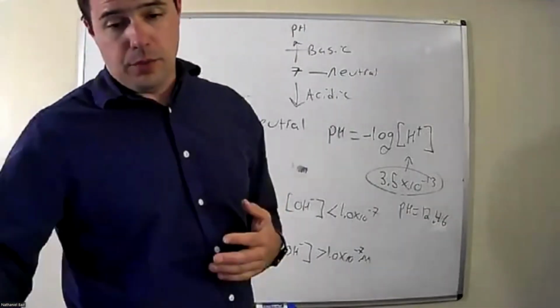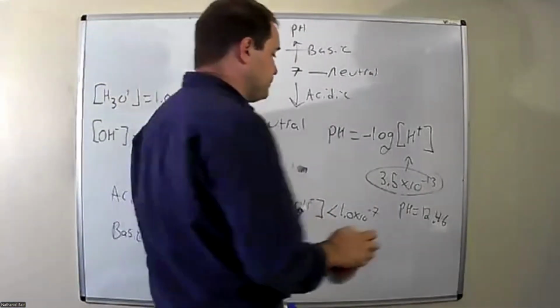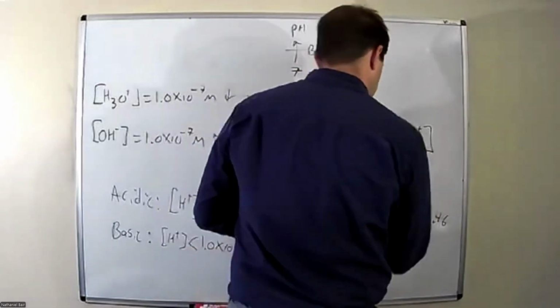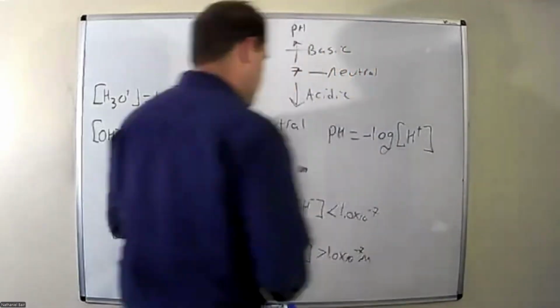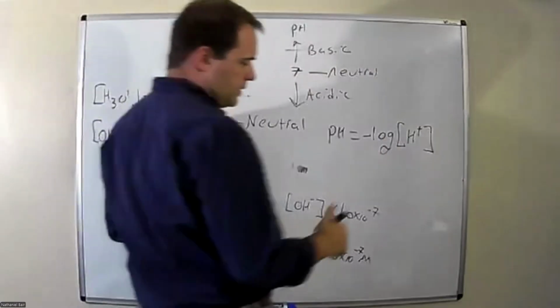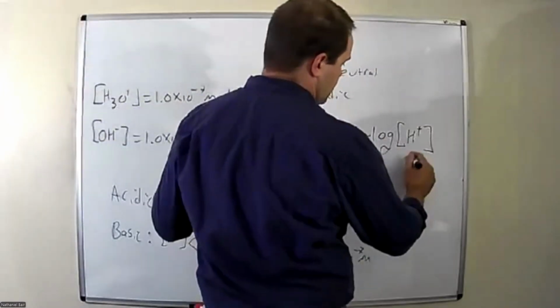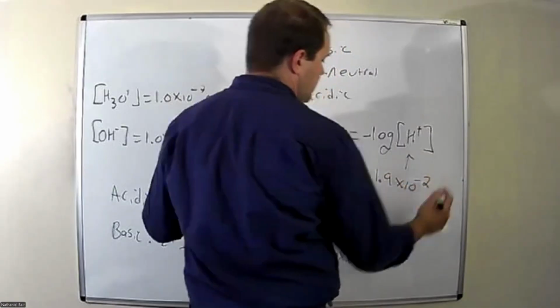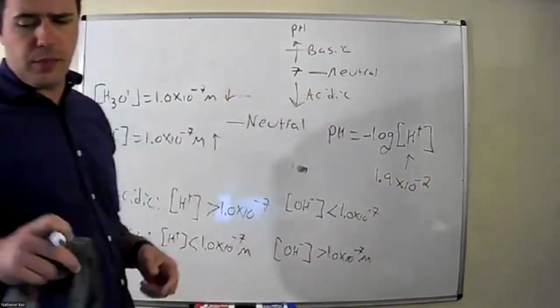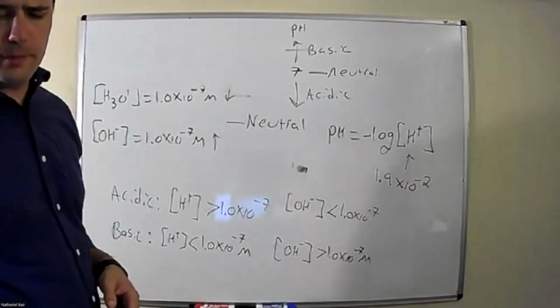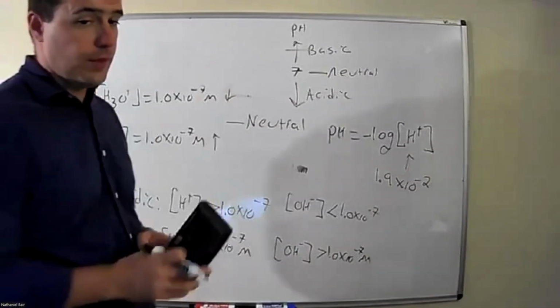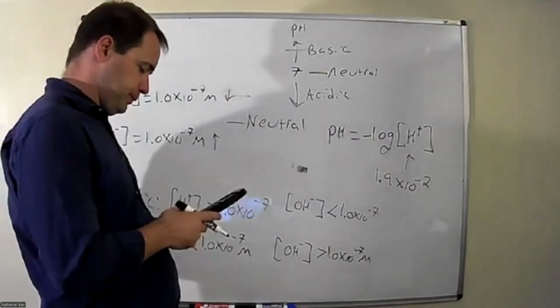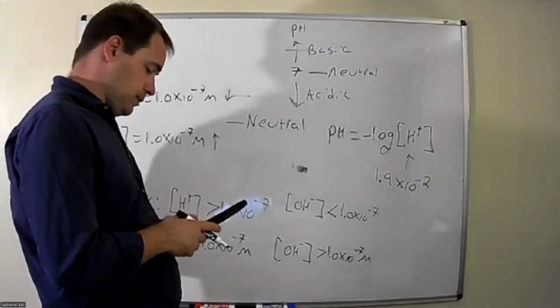We can try another one. If we plug in a value that is greater than 1 times 10 to the negative 7, so let's say our hydronium ion concentration is 1.9 times 10 to the negative second, go ahead, calculate that. We'll talk about sig figs here in a second, by the way, with logarithms.